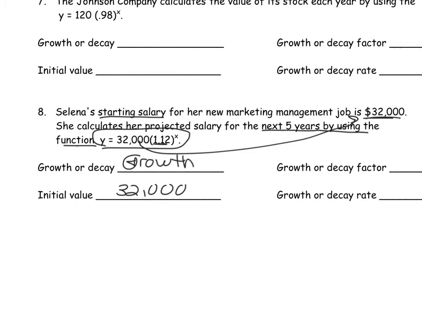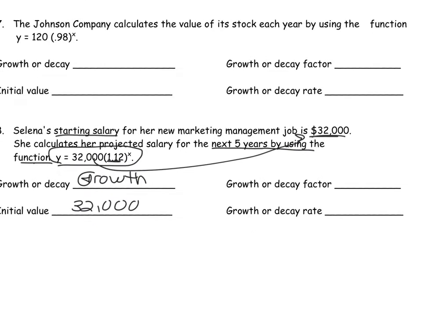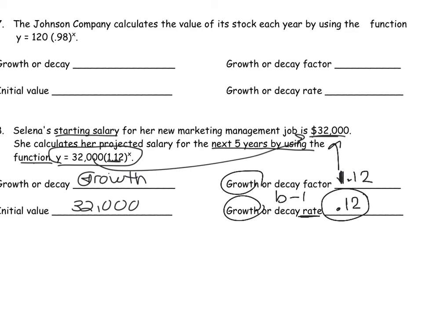And her growth factor, this is growth, right? Her growth factor is 1.12, and her growth rate is going to be B minus 1. So 1.12 minus 1 is 0.12. So that's 12%, right? 1 is her base right there where it begins.